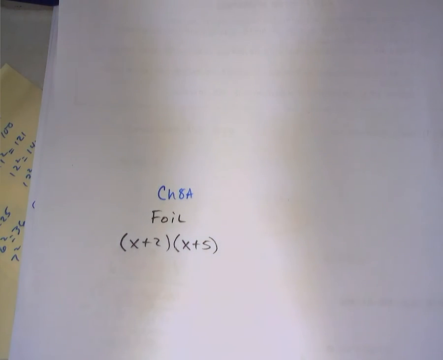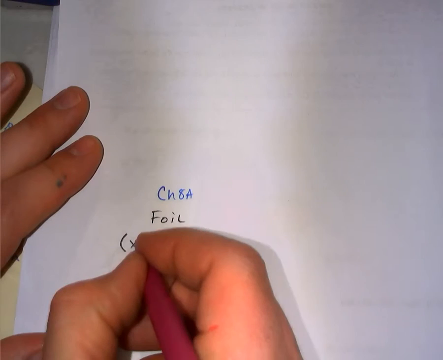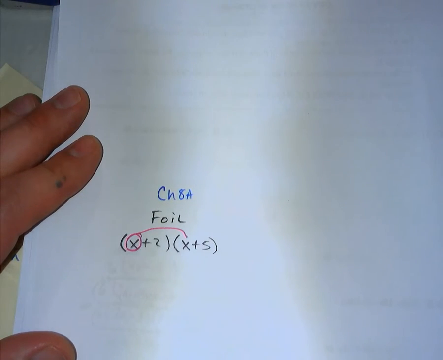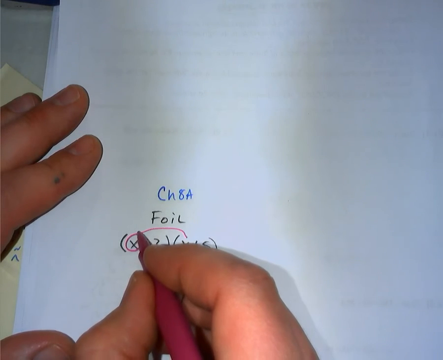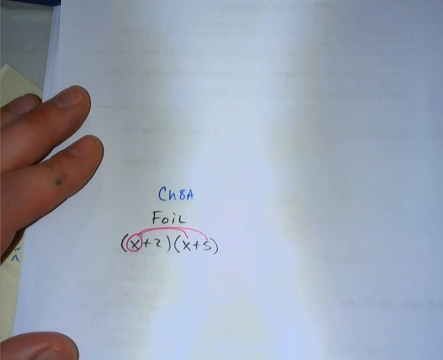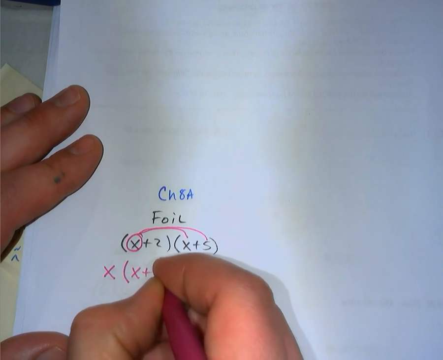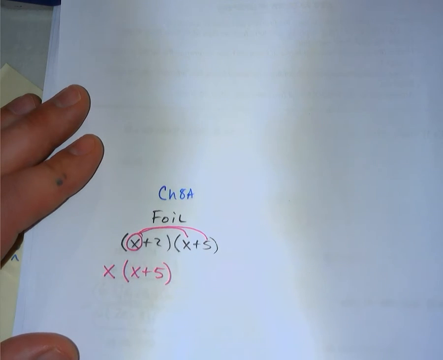So far, so good? Well, when we take this x and we multiply the first term, and we take that x and multiply it to the outside term, we do F and O of FOIL, we're essentially taking that x and distributing it to this guy, right?